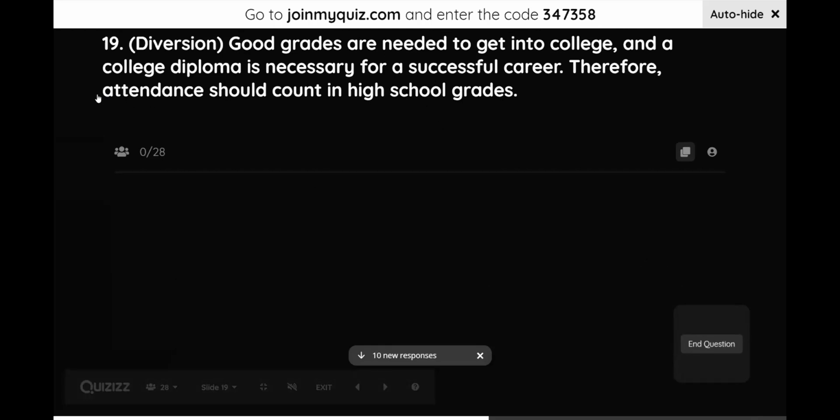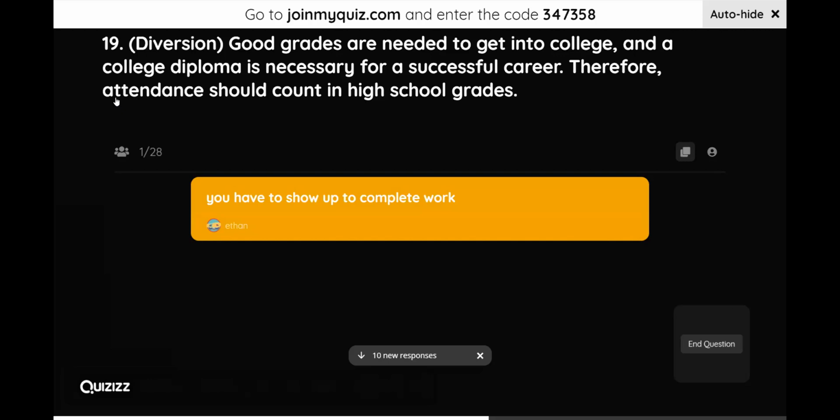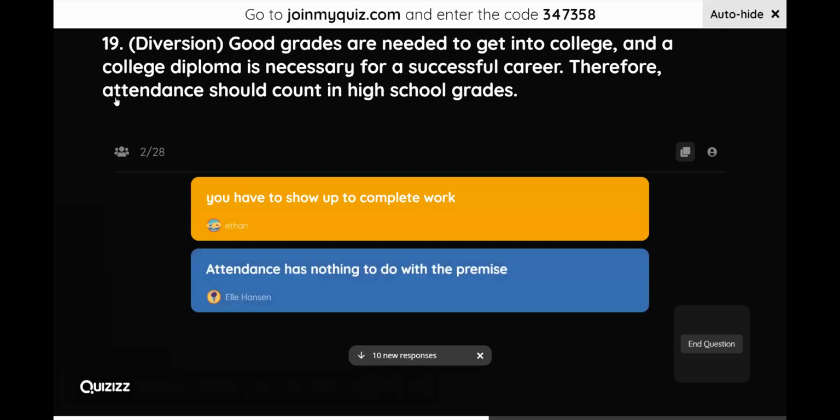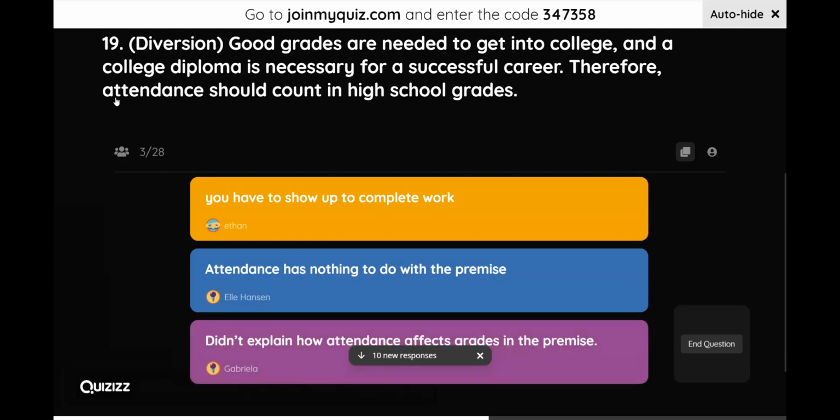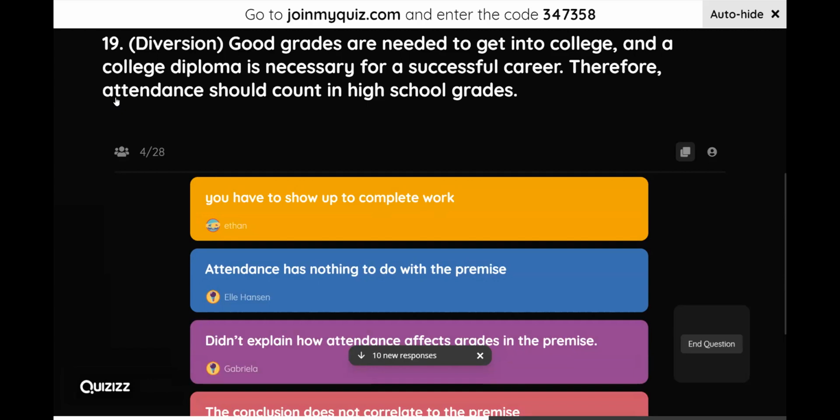It does say something about grades, but what does our premise say about attendance? It doesn't say anything. So where's this attendance coming from? It's a diversion, a complete diversion. It's coming from out of nowhere. Nowhere in there did we talk about attendance.